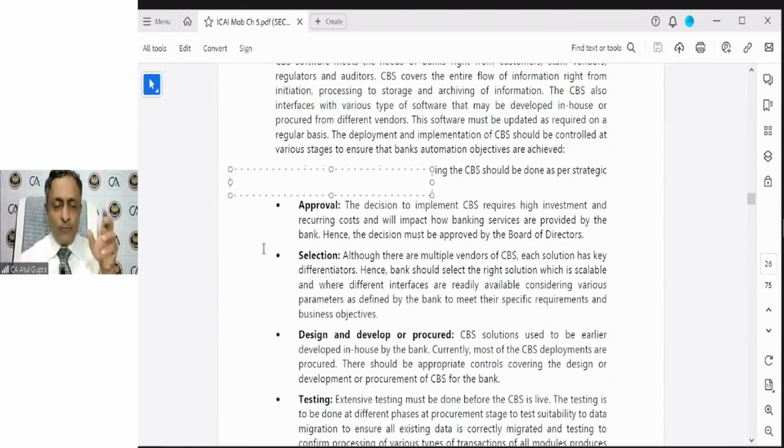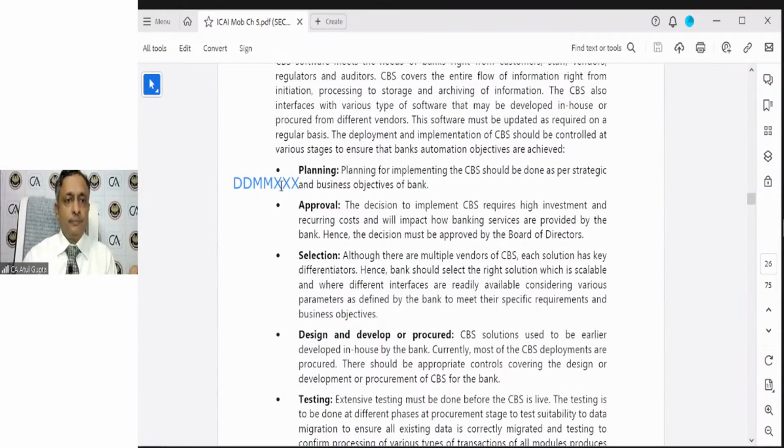One of the things about implementation is like the document numbers. Suppose I am the bank and I'm sharing my voucher number series. I'll tell you the background and then you tell me the problem. This is my voucher number series. It works like this: DDMMXXX.